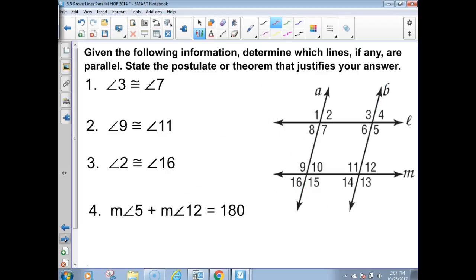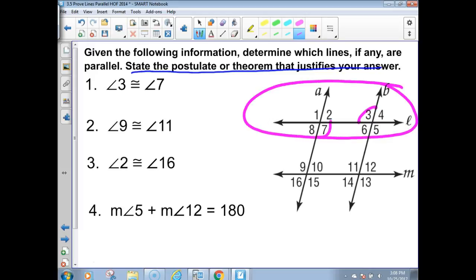All right, and then that was all I was going to do. Basically, the rest is your homework assignment. I could get you started, and then we're going to move over to graphing some equations of lines. So what we're looking for here, guys, it says state the postulate or theorem that justifies your answer. If I'm going to do 3 and 7, angle 3 and angle 7 being congruent, that would be up here having to do with these lines.